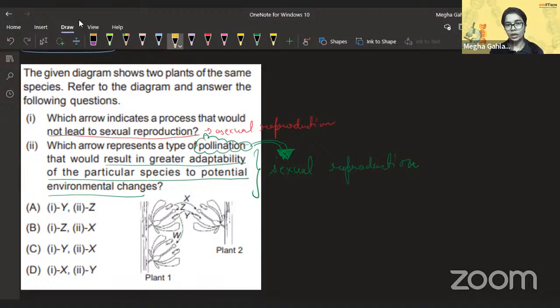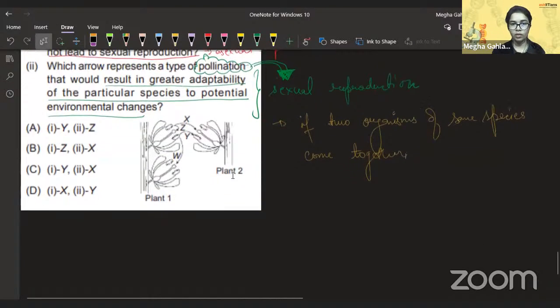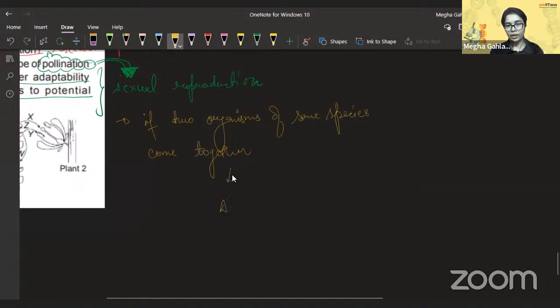That means if two organisms of the same species come together, we are going to have organism A and organism B. These are the two organisms that we are talking about.